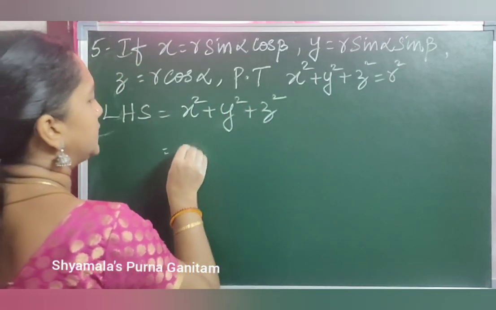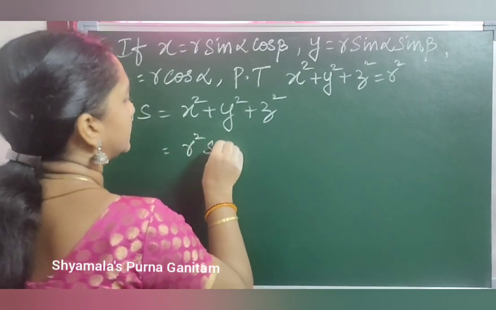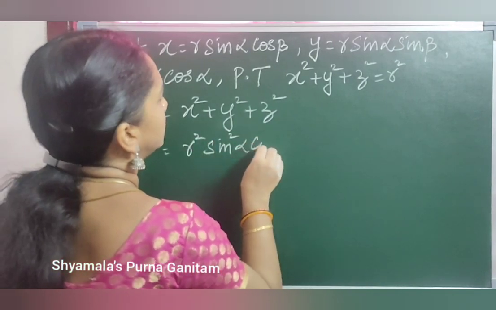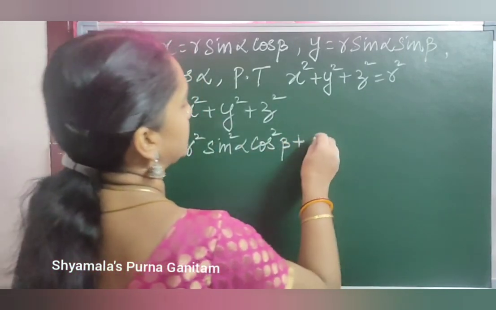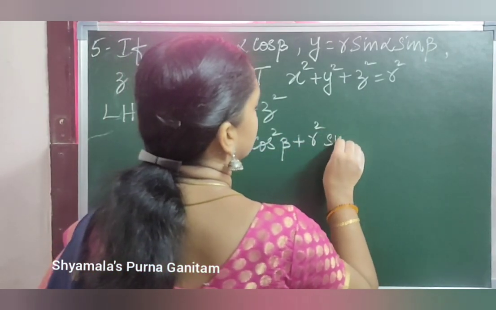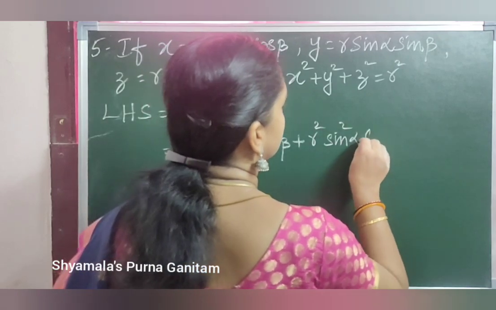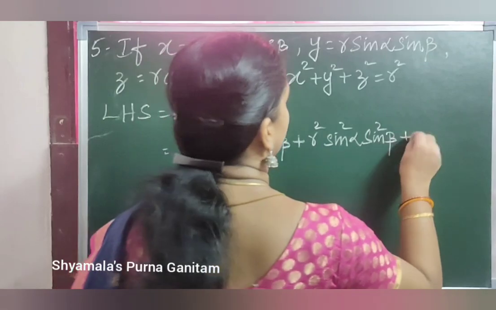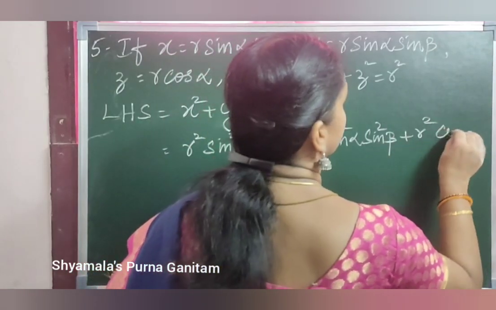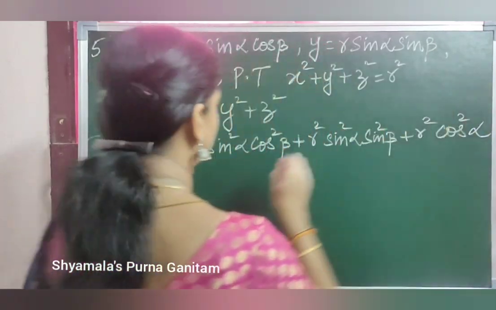So x squared is r squared sin squared alpha cos squared beta, plus y squared is r squared sin squared alpha sin squared beta, then z squared is r squared cos squared alpha.